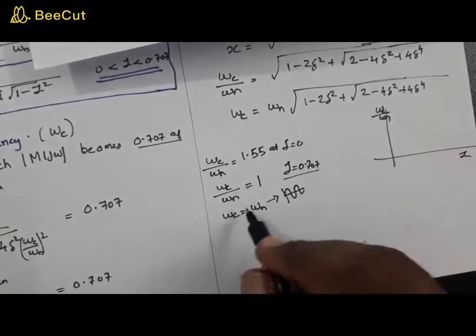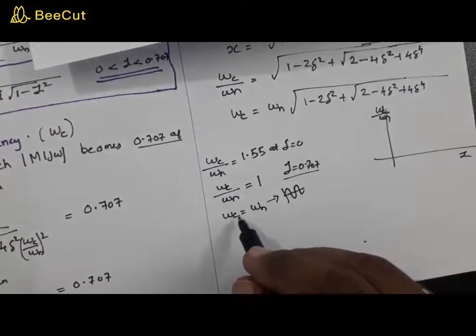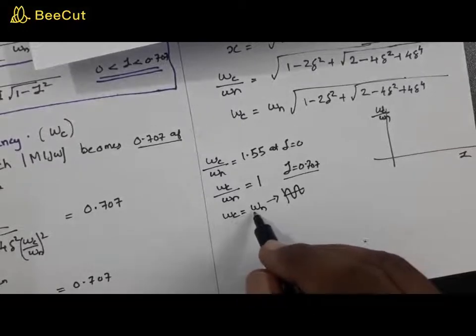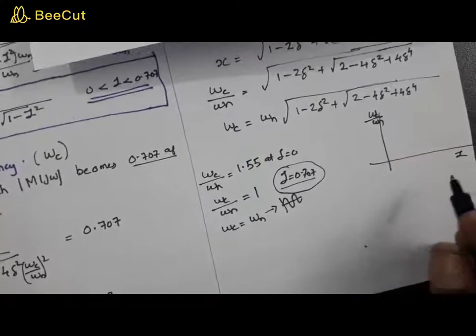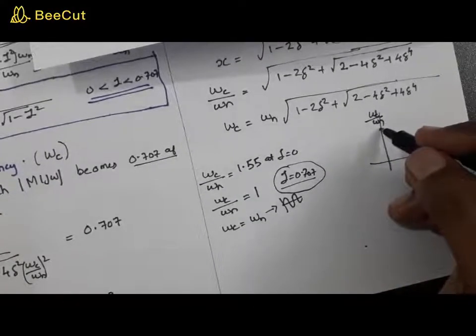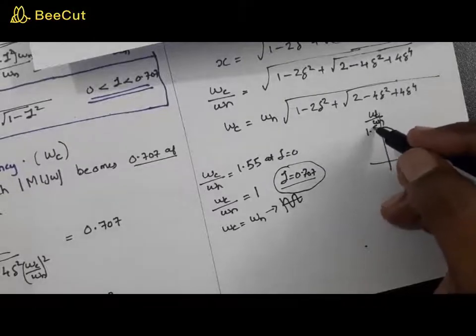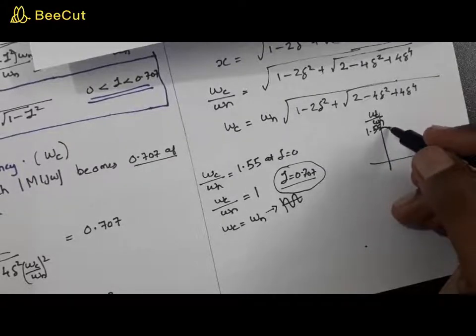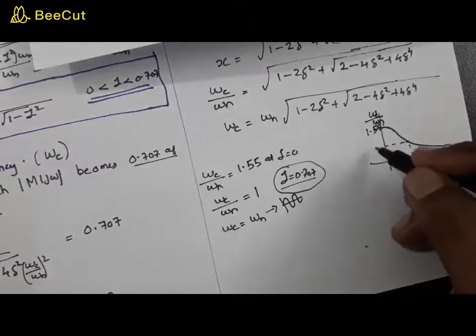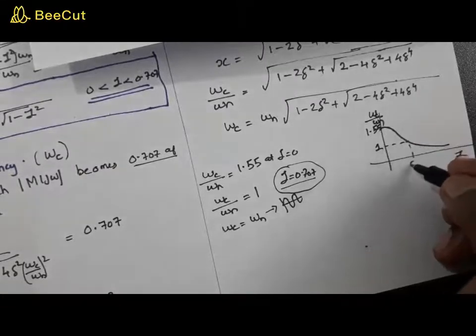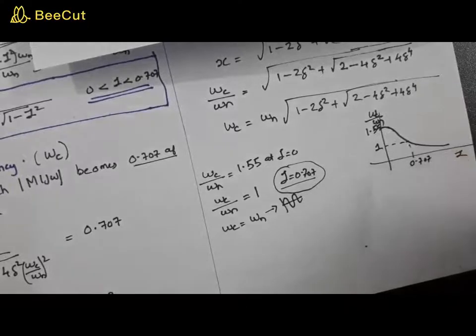This is the condition where omega c is equal to omega n, and that's where zeta becomes equal to 0.707. So you can plot this graph like this. It will start from 1.55 and move in this way. Omega c by omega n will be 1 at 0.707.